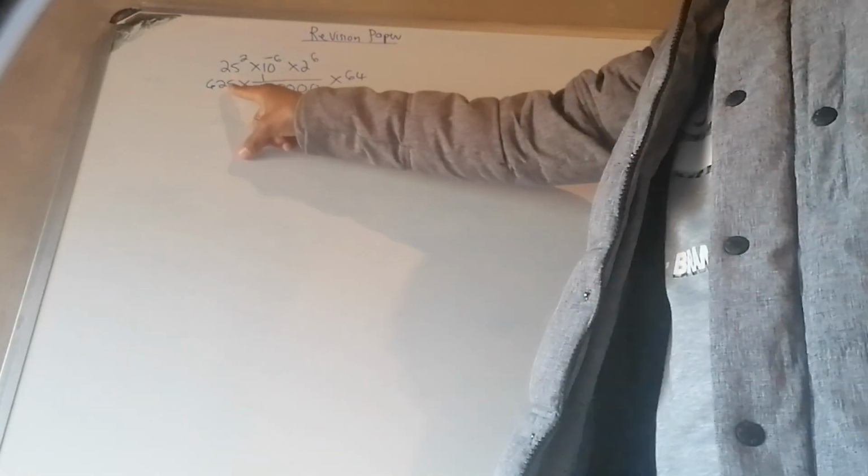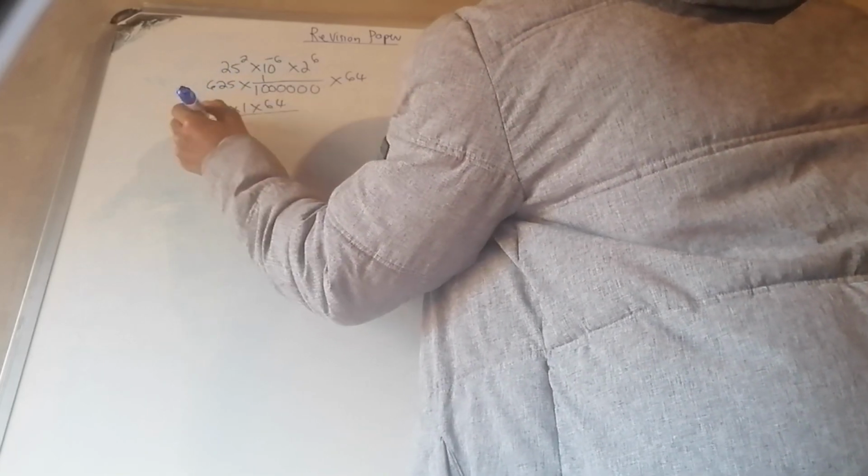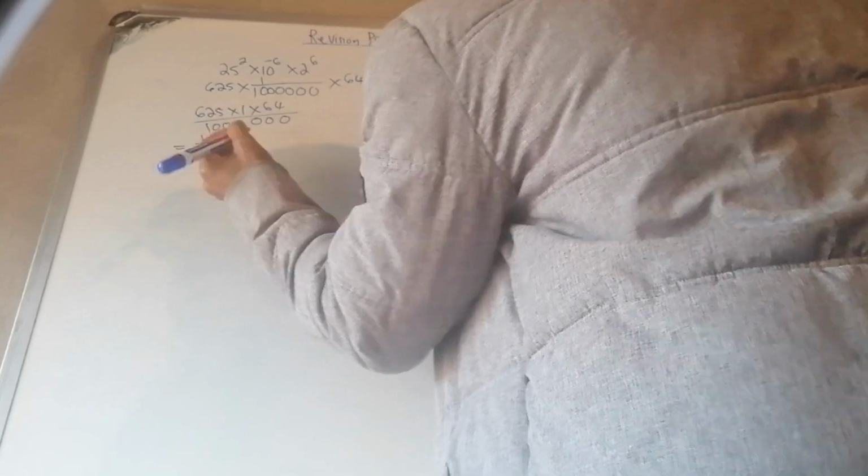Ukenya fela ntwena calculating o tlo re 625 times 1 times 64 is 625 times 1 times 64 all divided by a million. 1 over 25. That becomes your final answer.